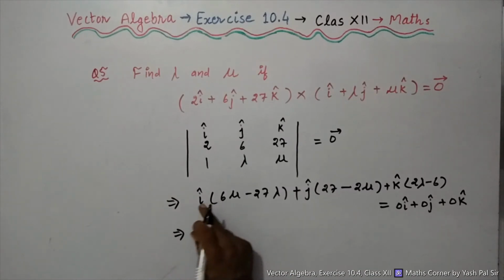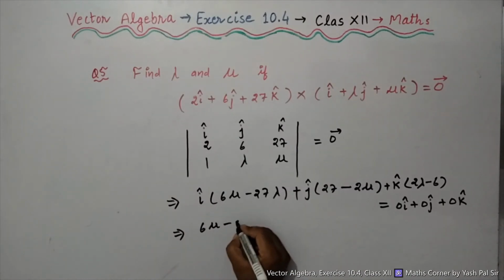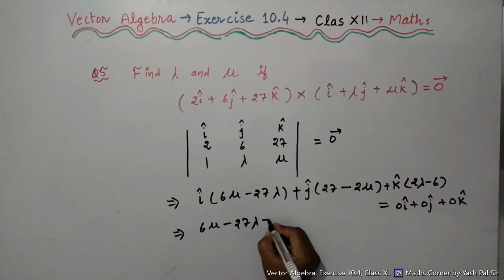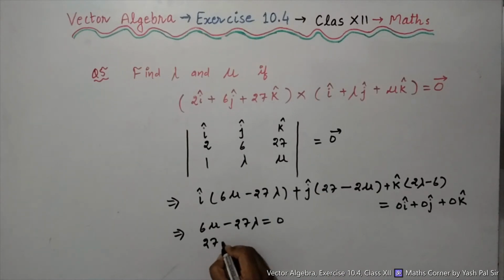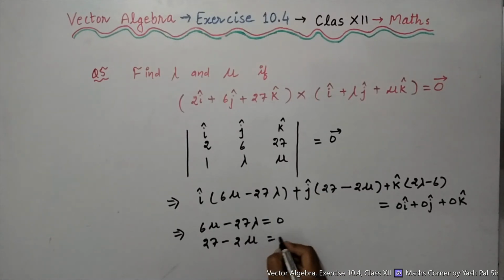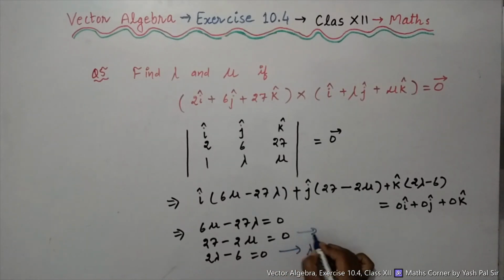Now these two vectors are equal, so corresponding components will be equal. The i component on the left hand side is 6 mu minus 27 lambda, this is equal to 0. The j component is 27 minus 2 mu equal to 0. The k component is 2 lambda minus 6 is equal to 0. So from this we can find the value of lambda is equal to 6 upon 2, 3.